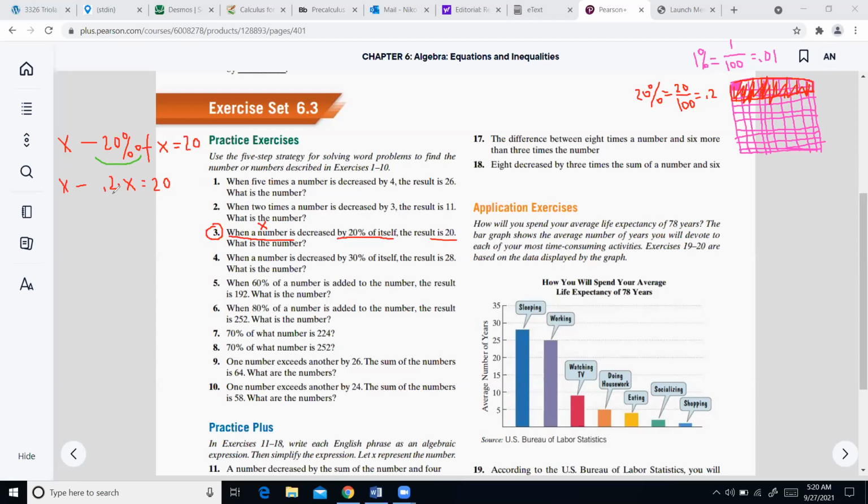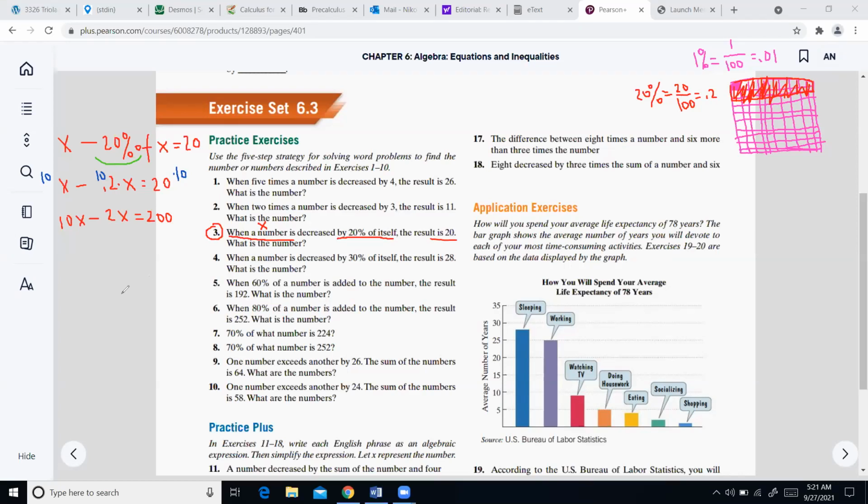Either get rid of that decimal 0.2, so people like to multiply both terms on the left side by 10, and the right side multiply by 10. There will be no more decimals, and we end up with 10x minus 2x equal to 200.